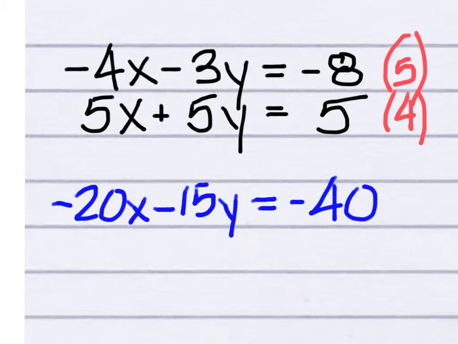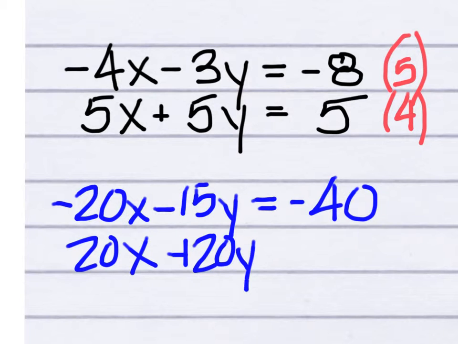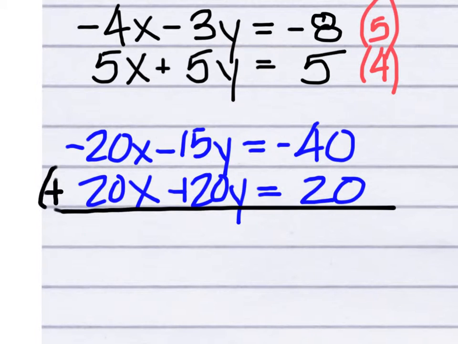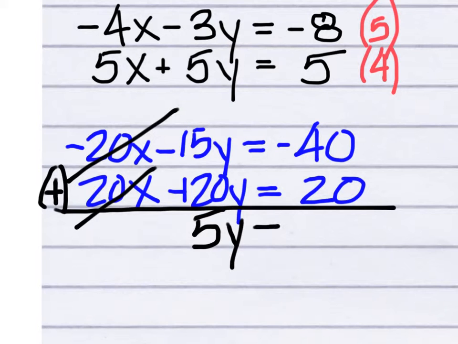And then on the bottom, 20x plus 20y equals 20. Now we have opposites here, -20, positive 20. That means we can add these equations together and these will cancel out. -15y plus 20y is 5y.